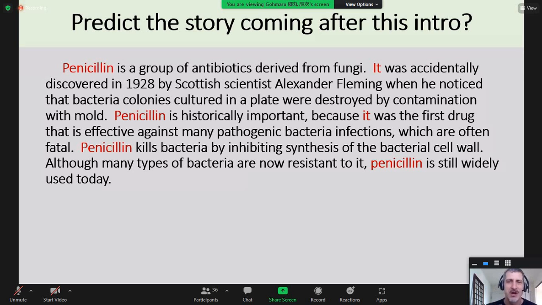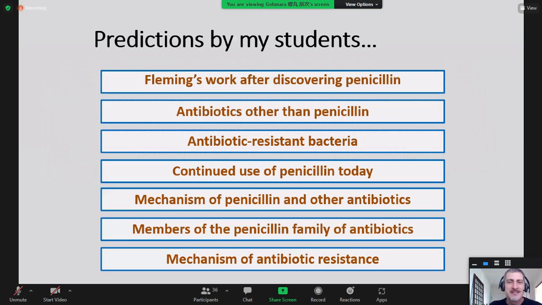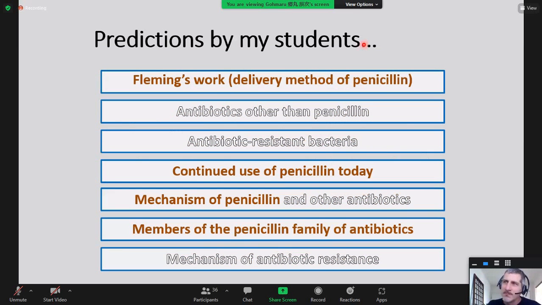Penicillin is the name of a thing. But what about penicillin? Just in this introduction, there are still many, many different possibilities. Of our original list, maybe these here are probably not going to be predicted by the audience, but there are still many different directions this story could go.